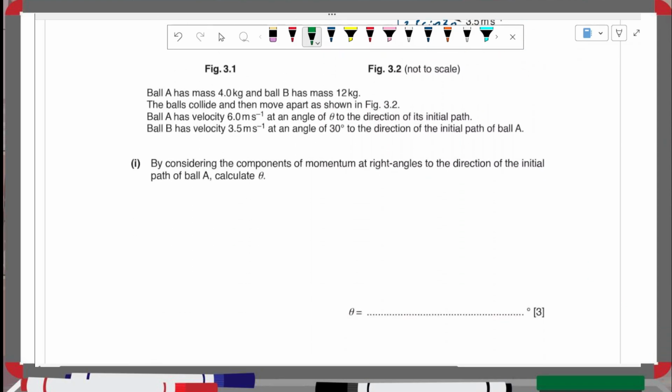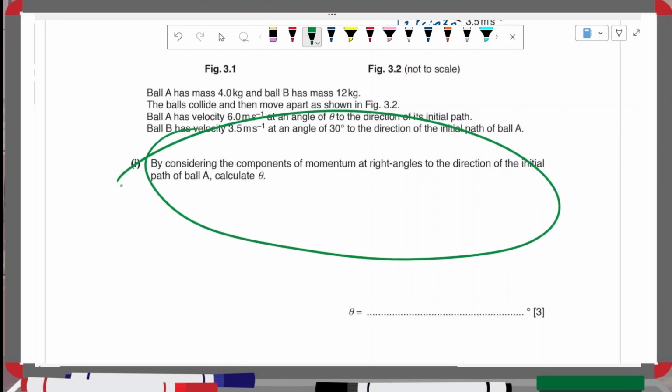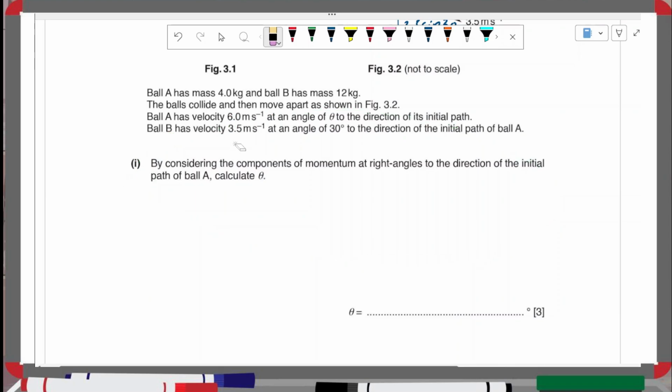Okay, let's scroll down to the first part. By considering the components of the momentum at right angle to the direction of the initial path of A, calculate theta. Need to find the angle theta. By considering what components of momentum? We have two of those, one along the x-axis, one along the y-axis.